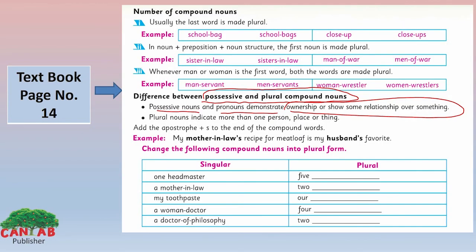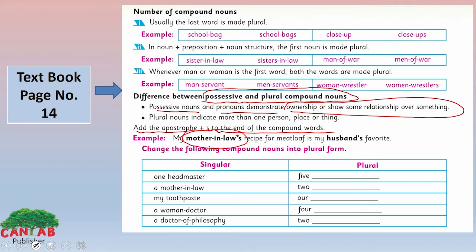Now students, look at here. We add apostrophe plus s to the end of the compound noun words. If we form the compound nouns, we add s in the end. If it's not ending with the s, we will add apostrophe first in the compound nouns. Here, mother-in-law is a compound noun and we will add apostrophe s in the end.